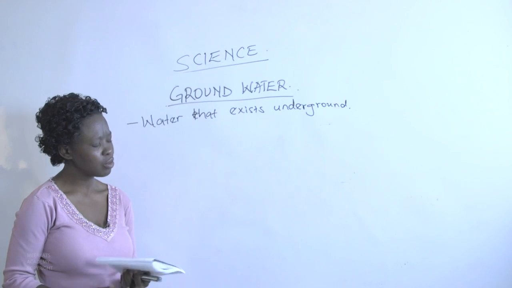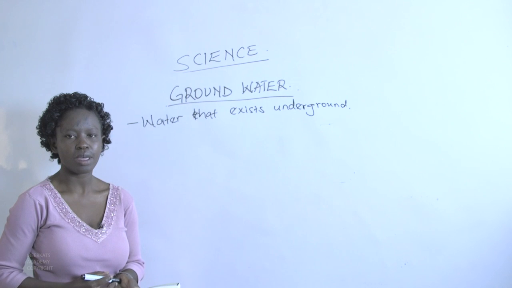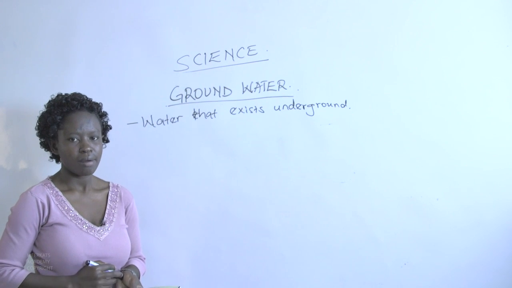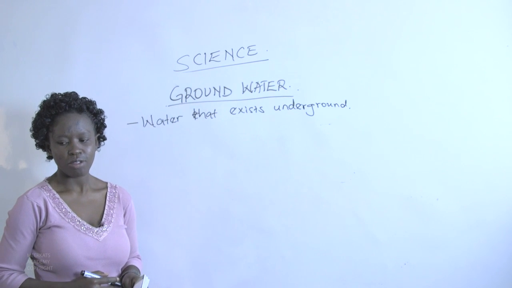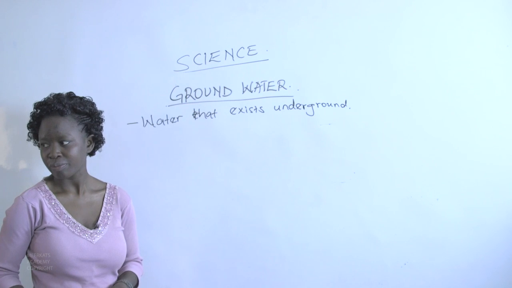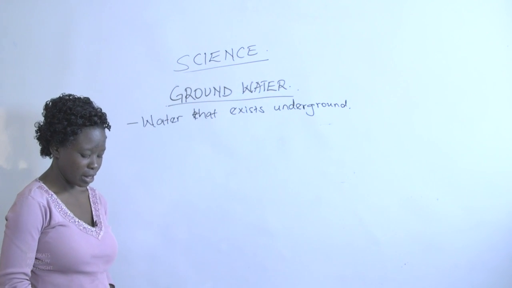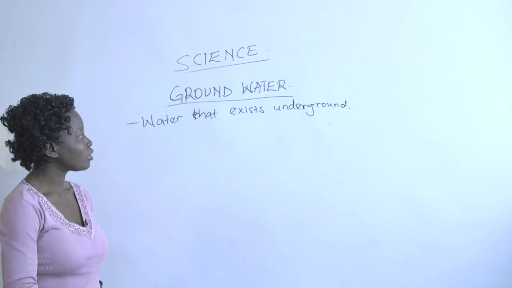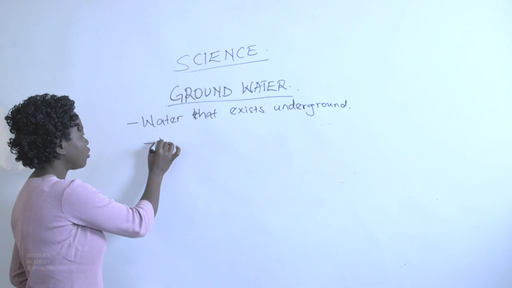So this groundwater is simply obtained during the percolation process. So as water percolates into the ground, the water that percolates into the ground is trapped.